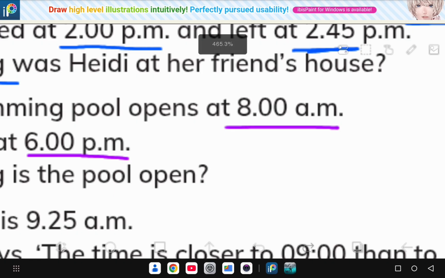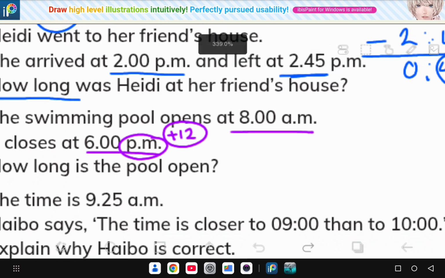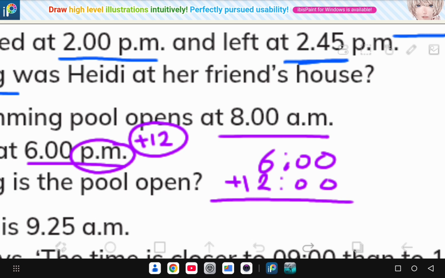The first step is because I have a p.m. here, I should add 12. So 6 plus 12. 0 and 0 is 0, 0 and 0 is 0, 6 and 2 is 8, 18.